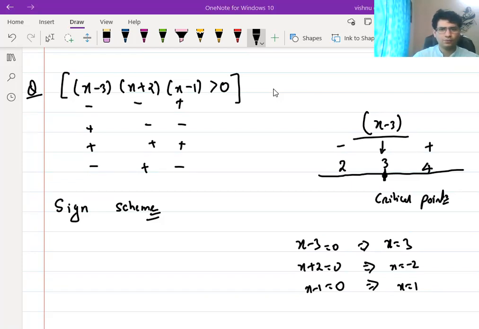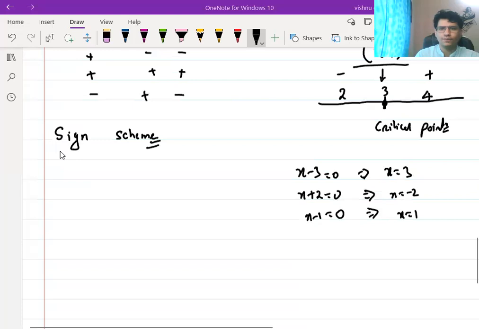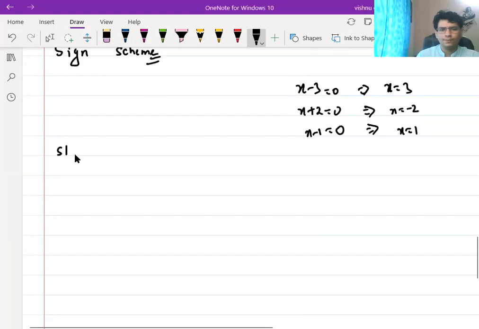Now, second thing. This is step 1. So what to do after we identify the critical points? Very good, Pratagya. Second step is plot that on number line.